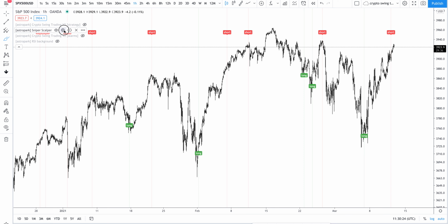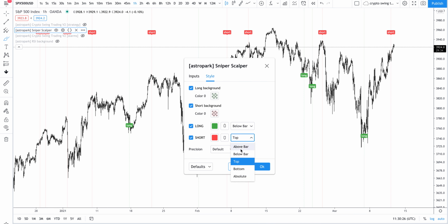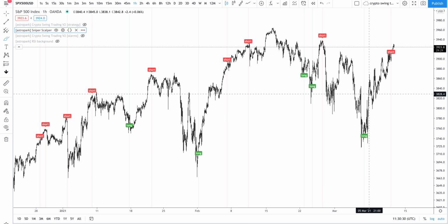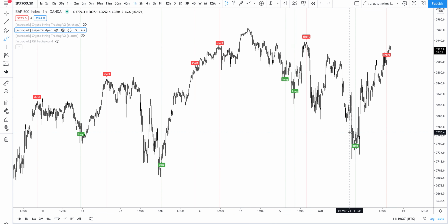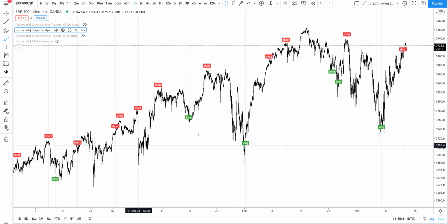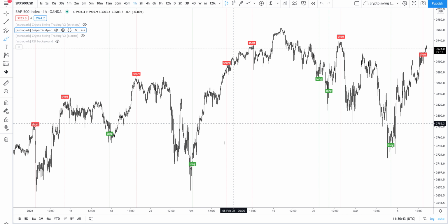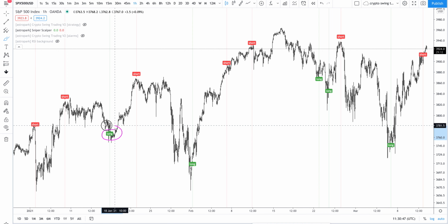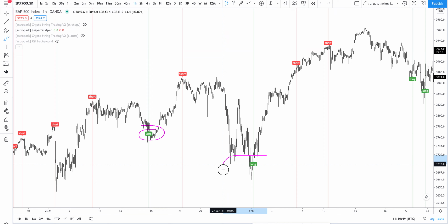Okay, so let's also reset this bar above. So you can see you can use the signals really better now. You can easily see that you have a good edge, especially on the long signals.